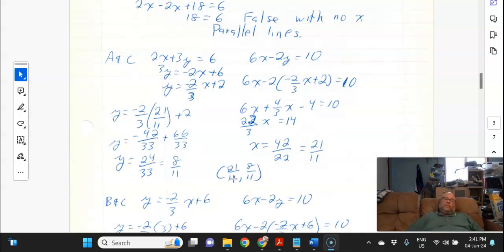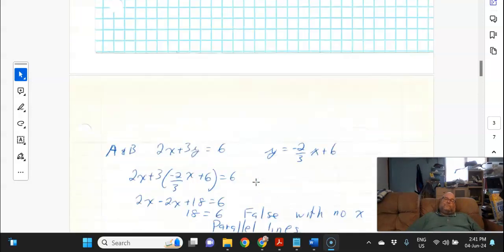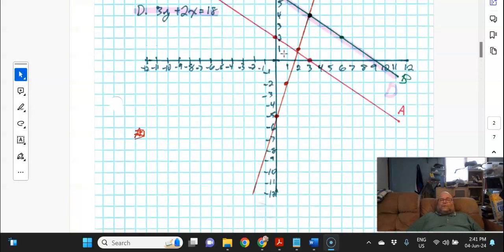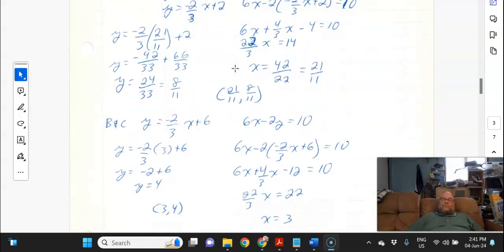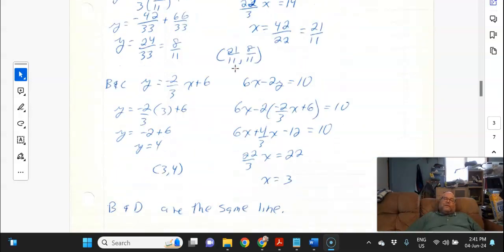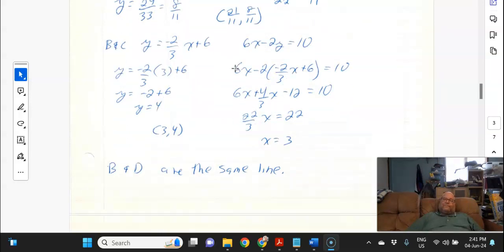So our ordered pair point is x equals 21/11, y equals 8/11. 21/11, 8/11 is right about where the graph would suggest we would cross. That would be impossible to read from this graph.